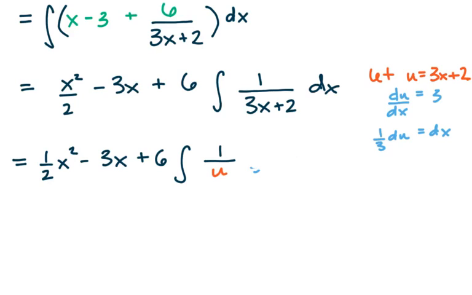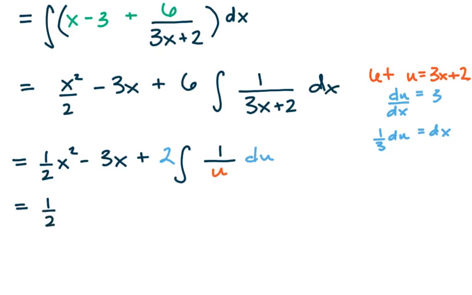And of course I can take that 1/3, if I have 6 times 1/3, that's going to give me 2 du. So the integral of 1 over u, this guy right here, is equal to the natural log of u.